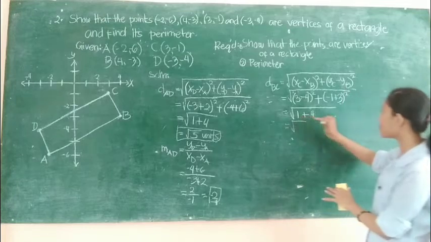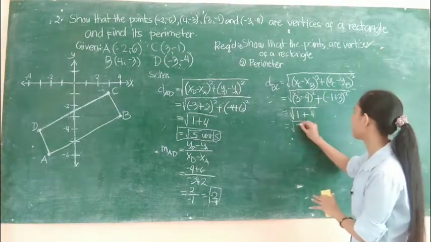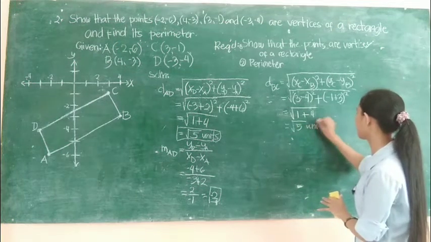Square root of 1 plus 4 is equal to square root of 5 units.